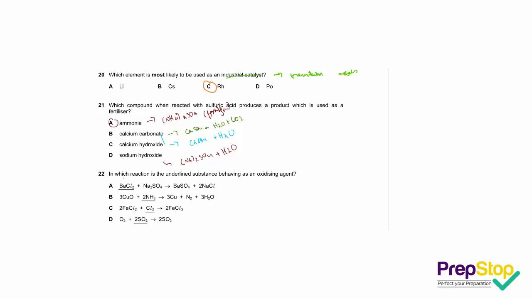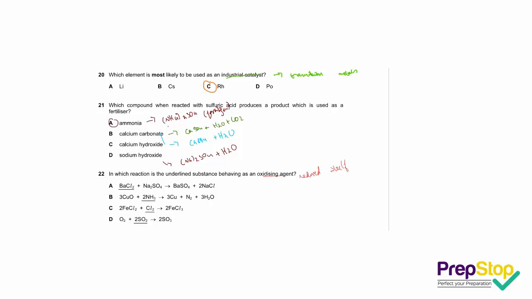Question number 22. In which reaction is the underlined substance behaving as an oxidizing agent? So, when a substance behaves as an oxidizing agent, it takes electrons from the other substance and is reduced itself. Option A shows barium chloride reacting with sodium sulfate.